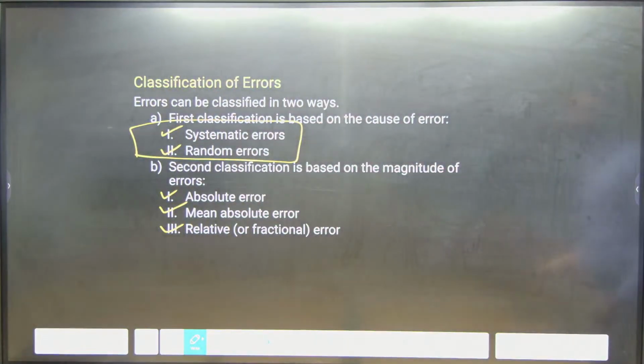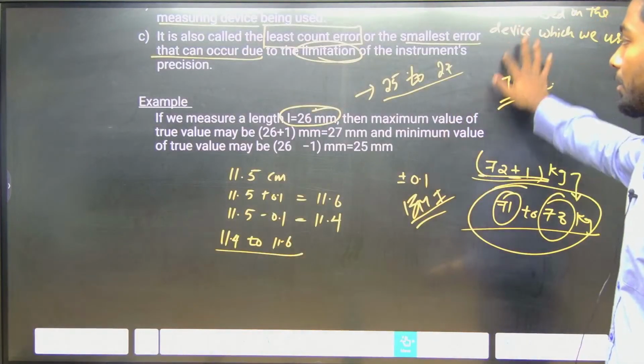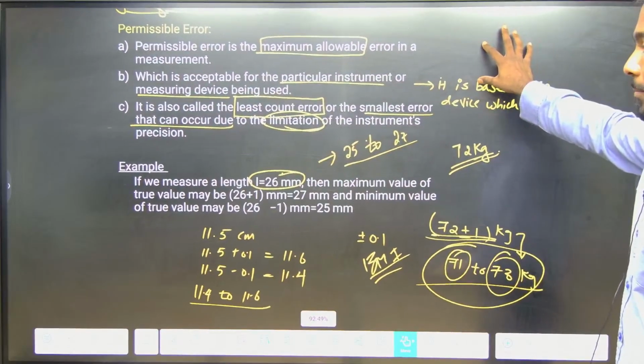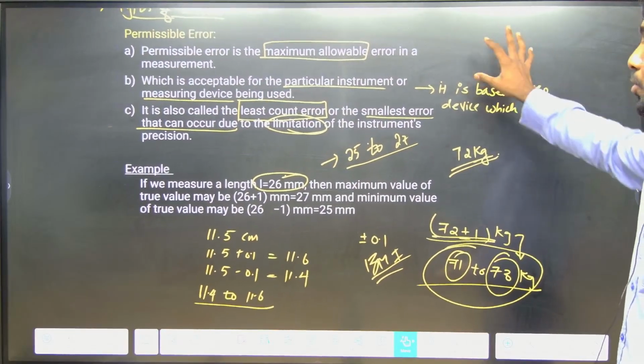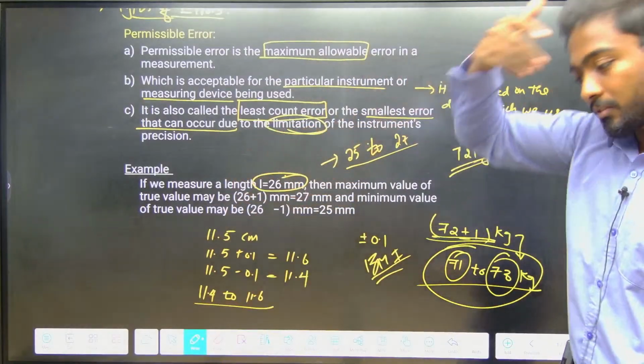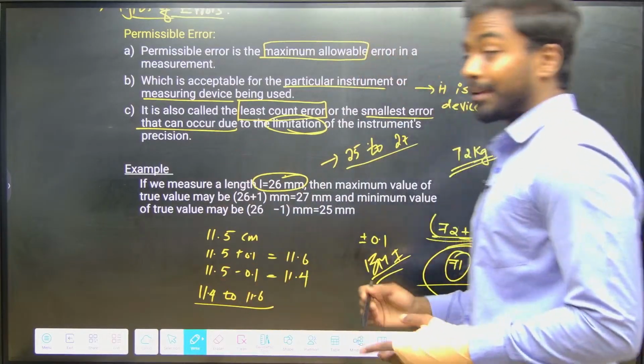I hope you got the meaning of the permissible error, the basic meaning and how to write an equation.